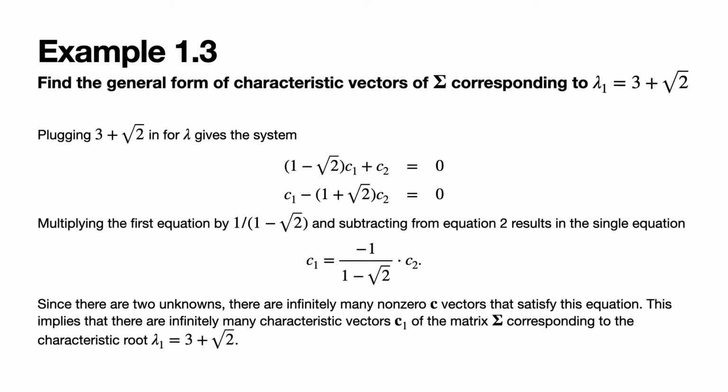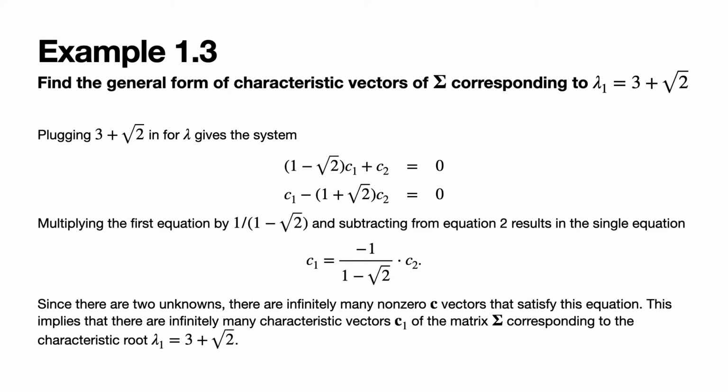So let's find the general form of characteristic vectors of cap sigma corresponding to the first characteristic root, 3 plus the square root of 2. And so plugging that value, 3 plus the square root of 2, in for lambda in the two equations on the previous slide, we get the following system.